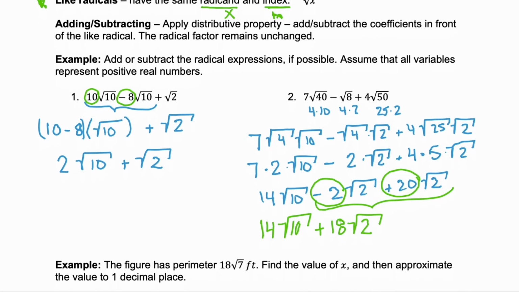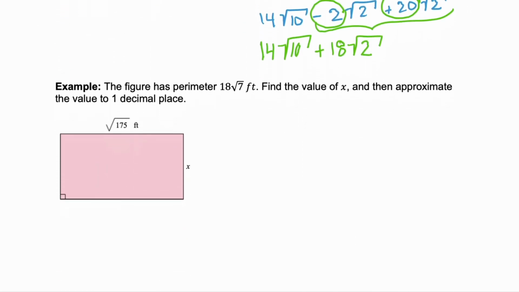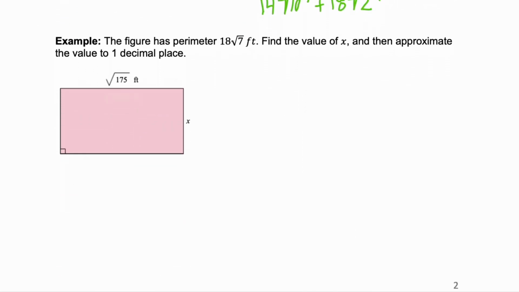We're doing great, so let's look at an application problem. We're given a rectangle, and we're told that the figure has a perimeter of 18 square root of 7 feet, and we need to find the value of x. And then we're going to approximate the value to 1 decimal place. Okay, first we're told perimeter is 18 square root of 7 feet.